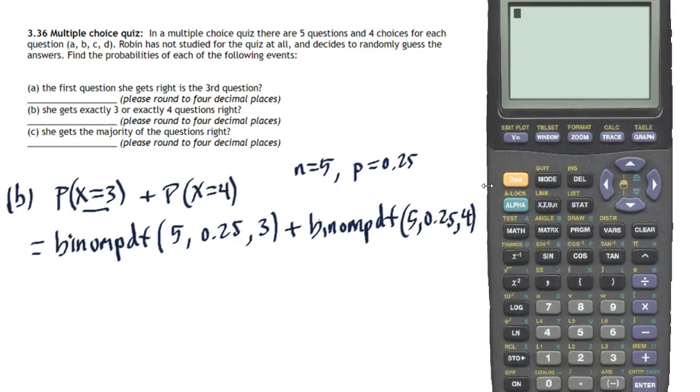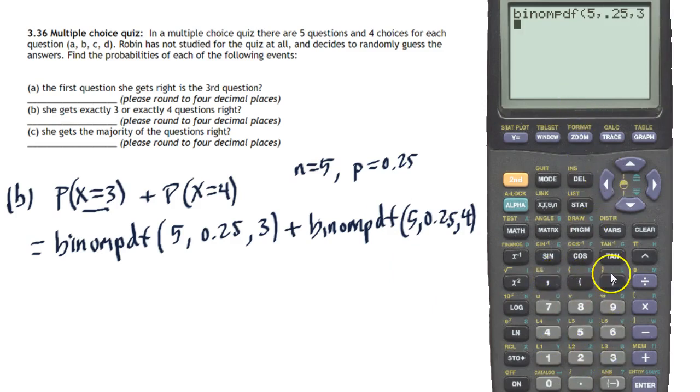Okay, so let's do this on the calculator. We have distribution, go down to binomial PDF, and we want 5, comma, 0.25, comma, 3.